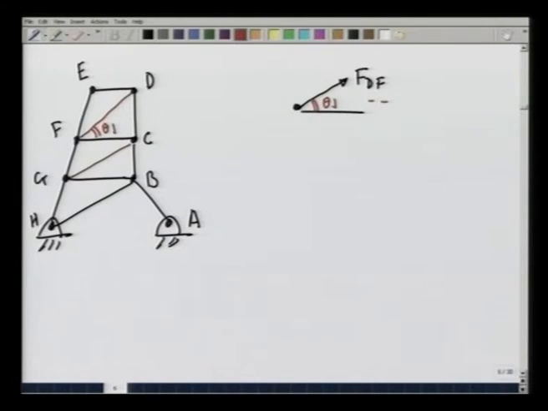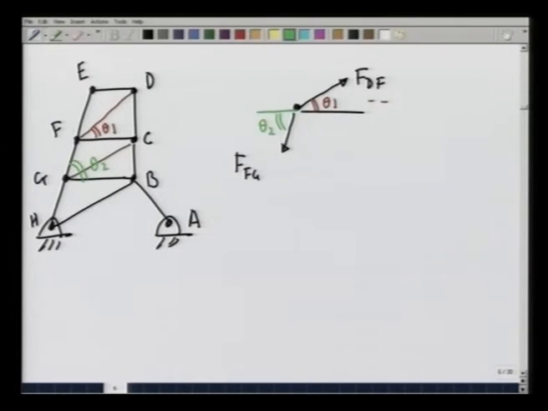Then this has a force, and in anticipation I am going to make the direction down, F_FG, and let us call this angle at which it is acting theta 2, and we will calculate its sine and cosine soon.